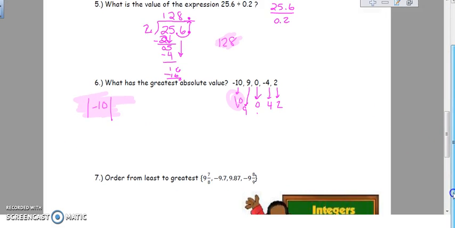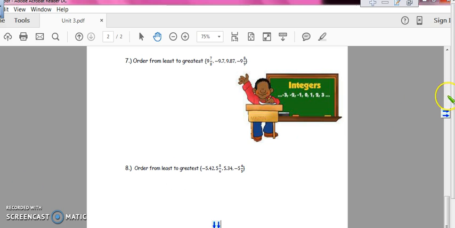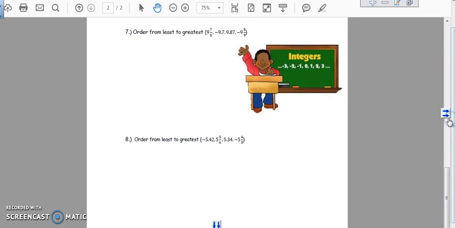All right, let's go to the next problem. Order from least to greatest. So this is where we went off to the side and did negative 9 7/8, negative 9.7, 9.87, and negative 9 8/9.